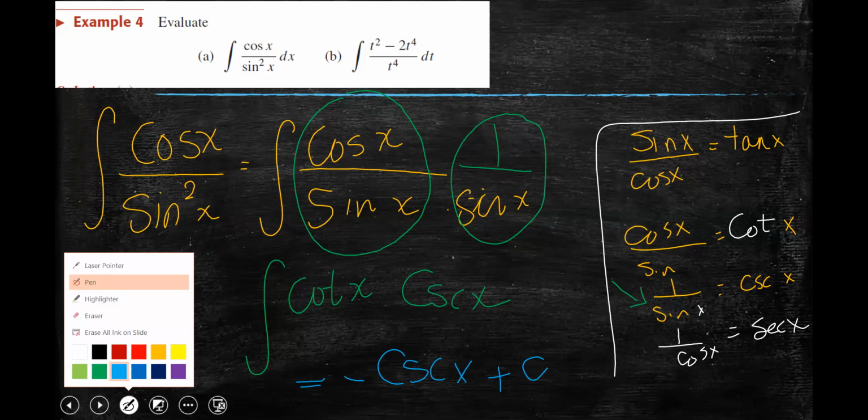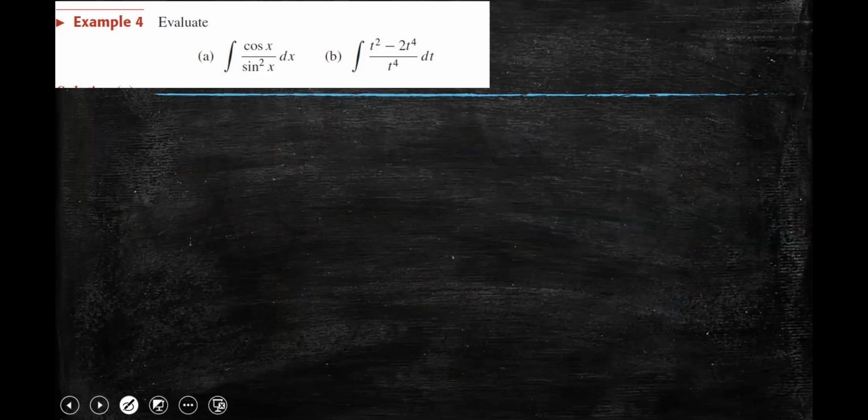Let's do now b. Look at b here. Here also, I have an expression divided by another expression. So we cannot distribute the integral sign since they are divided. So what we have to do is simplify it.